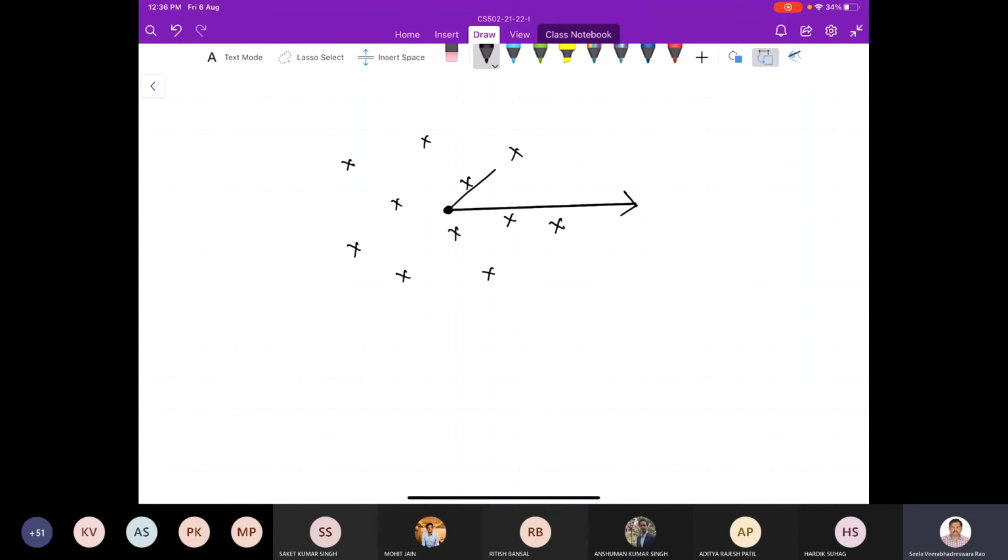So obviously this is the first point in the sorted sequence, then the second, third, and this will be 4, 5, 6. Okay, this is the sorted sequence.